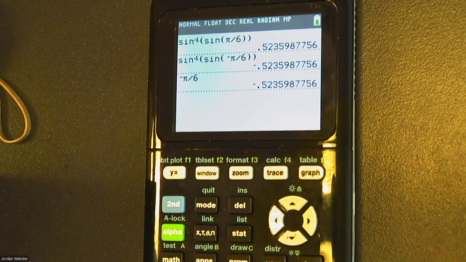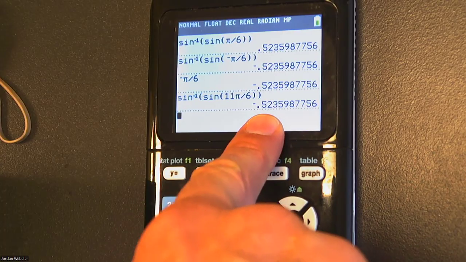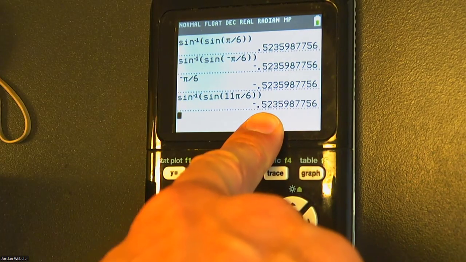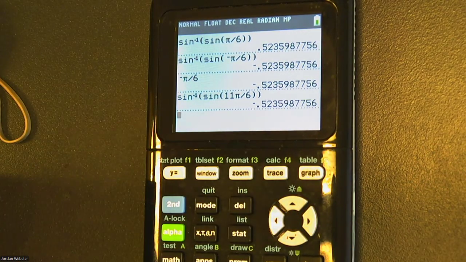So I get that back out. But if I did 11 pi over 6, I get back out negative pi over 6. Does that make sense?